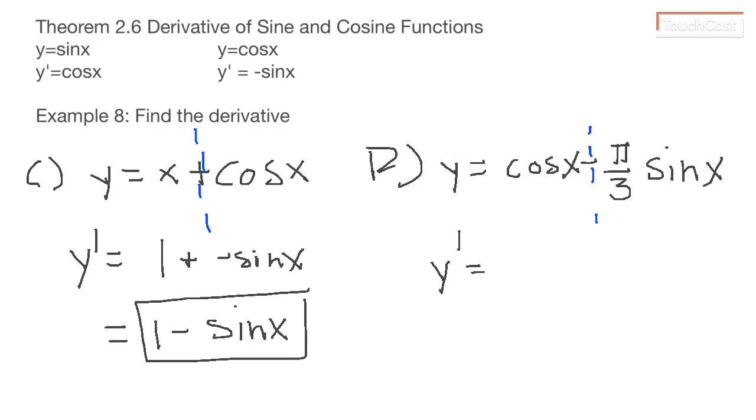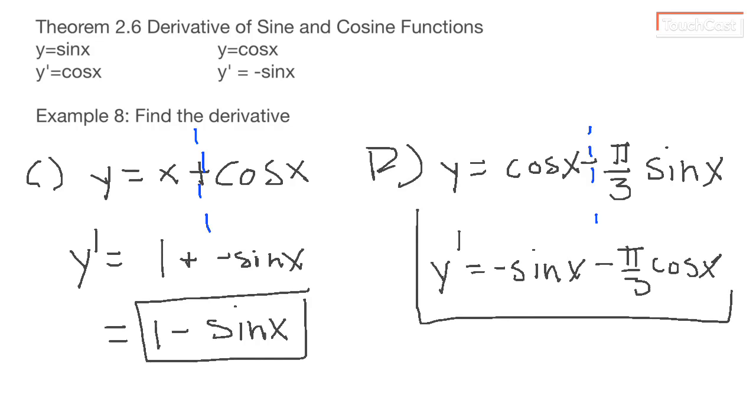According to theorem 2.6, the derivative of cosine x is negative sine x. So that first term, we're good. Minus pi over 3 sine x. Well, that pi over 3, that's just a constant multiple, so that's going to come straight down. And according to theorem 2.6, the derivative of sine x is cosine x. Which means we actually just finished this one. The derivative is going to be negative sine x minus pi over 3 cosine x.